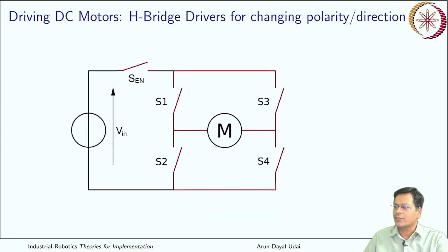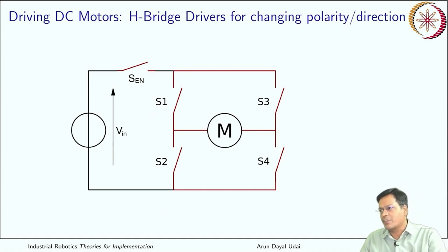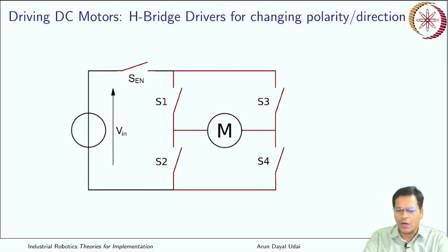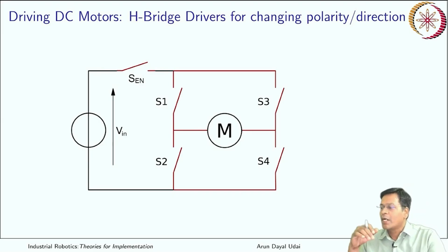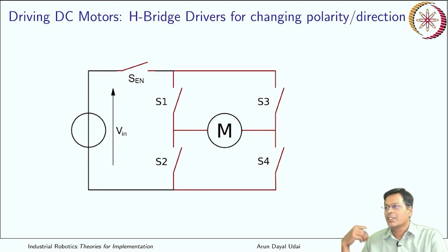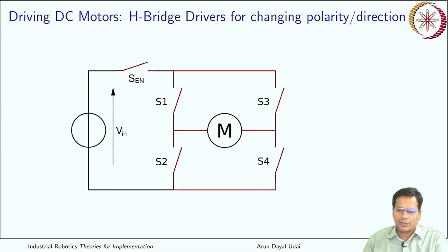So, moving ahead, now if you see, standard H-bridge drivers are used to control a DC motor. How? Let us look very carefully. This has the capability to change the direction of the current flowing through the motor, as well as you can switch your circuit on and off.